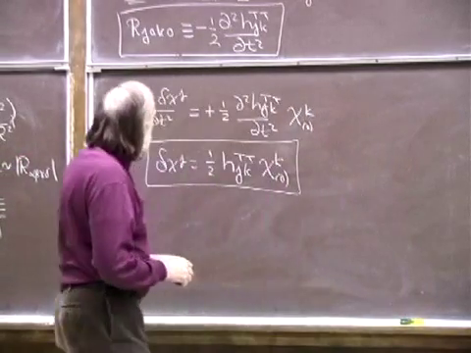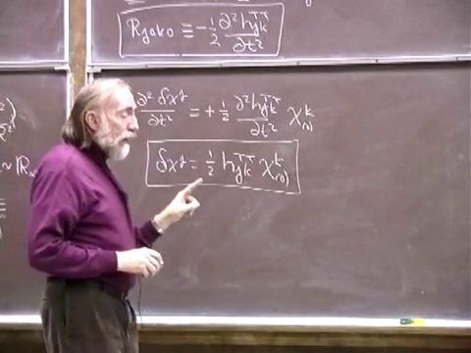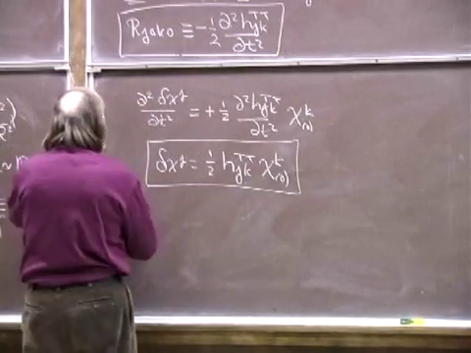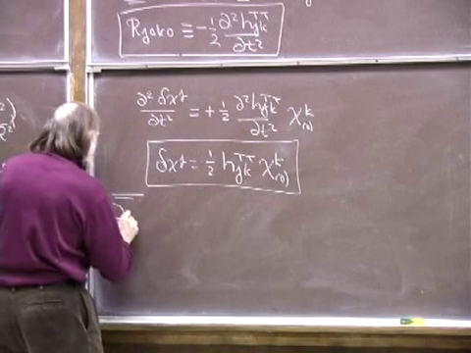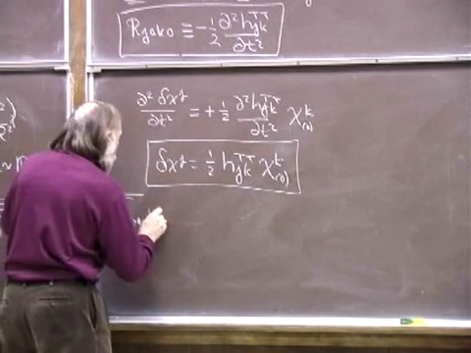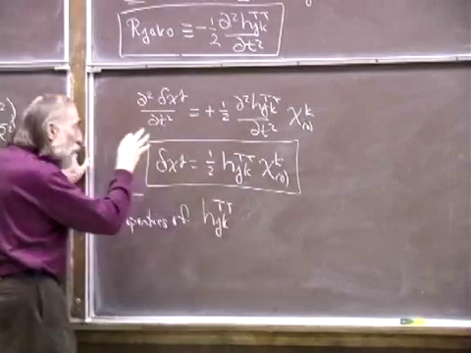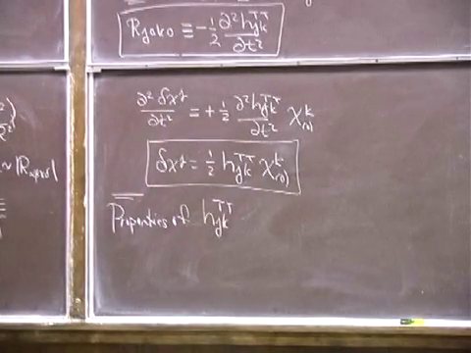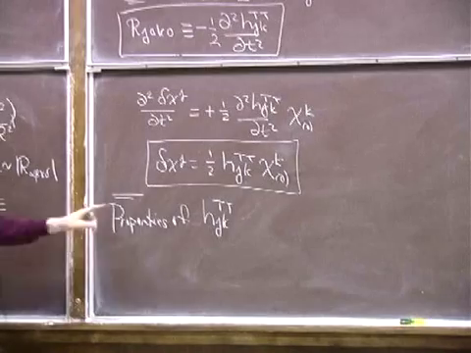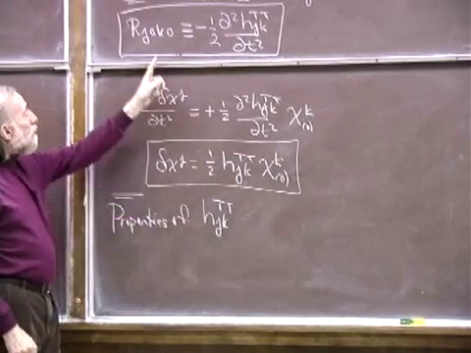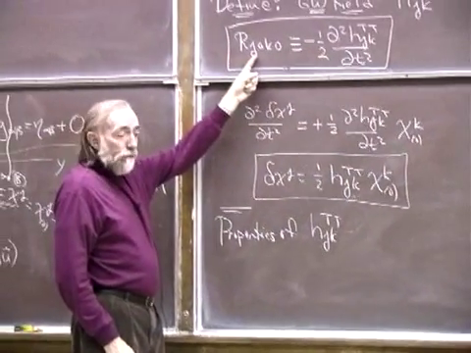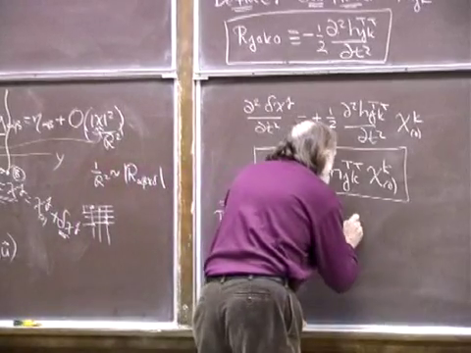And I now want to explore what it says. But in exploring what it says, I first want to tell you some properties of this gravitational wave field, of this frame-dependent gravitational wave field. And properties of that, of course, are equivalent to some properties of the Riemann tensor. The properties of this are as follows.